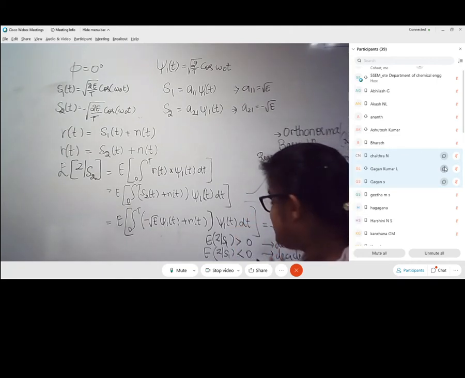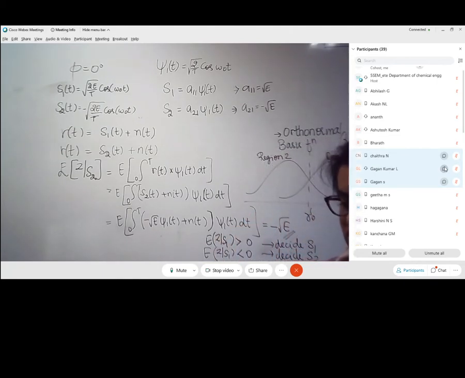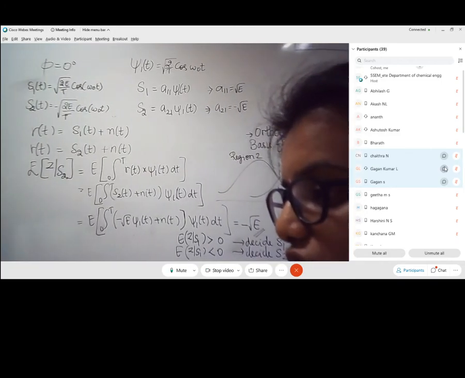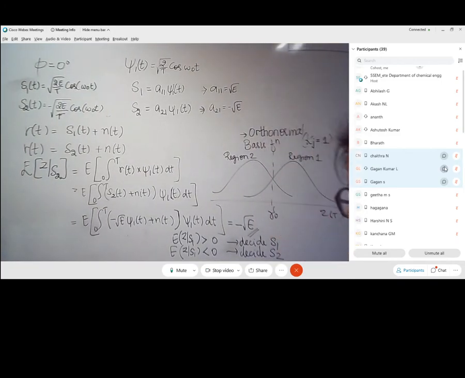Whatever we have studied so far is the coherent detection of the symbols. I hope you have understood what we have discussed.